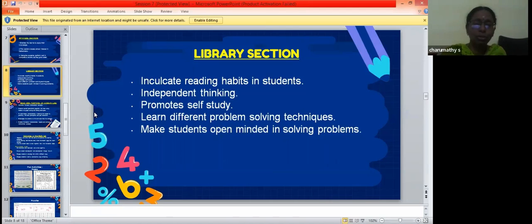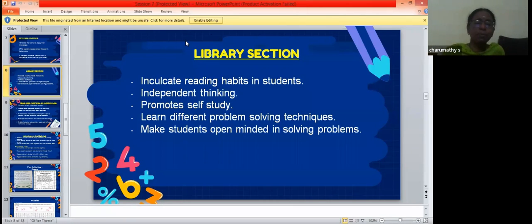They are not working in groups. When working with the kit, they work in groups. But in the library part, each one picks up a different book. Not that all children go for the same book and do group study. Each child likes to pick a different book, so they work on that book and their thinking becomes independent.